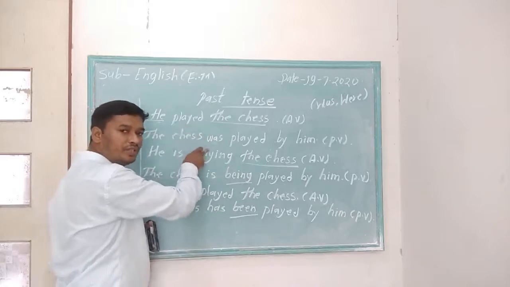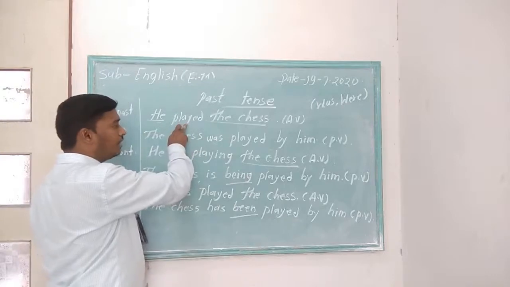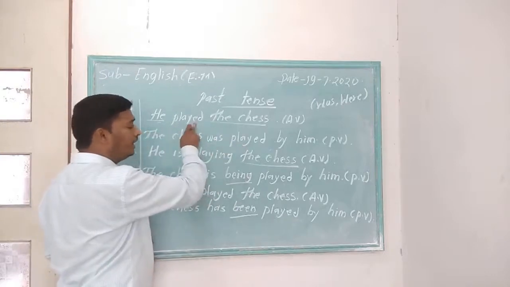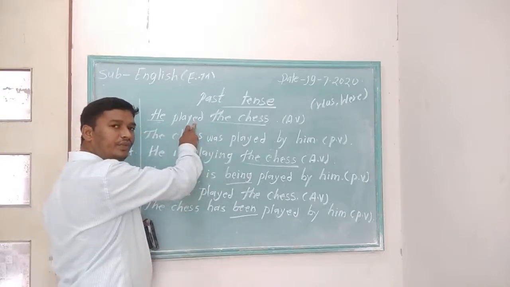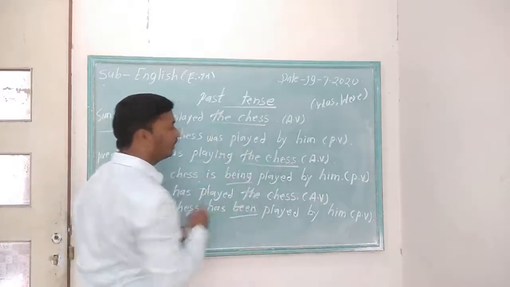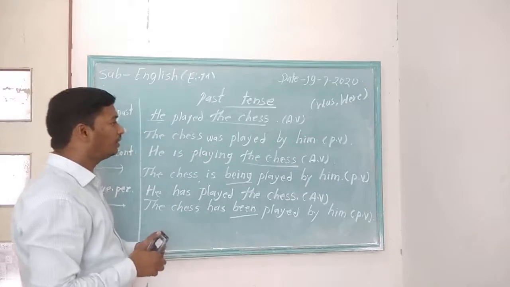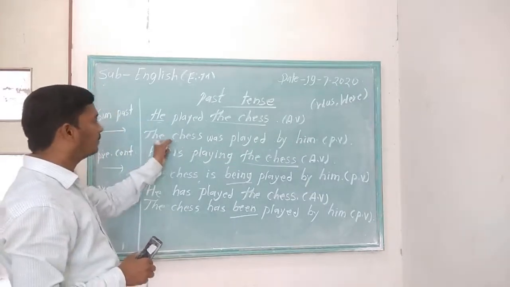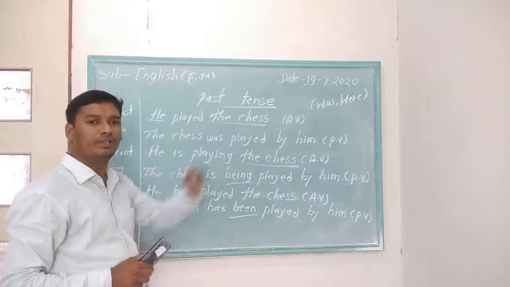After the proper auxiliary, the past participle of the verb, played, V2 and V3 are the same. Then by, then he into him. It is now in passive voice. The chess was played by him.